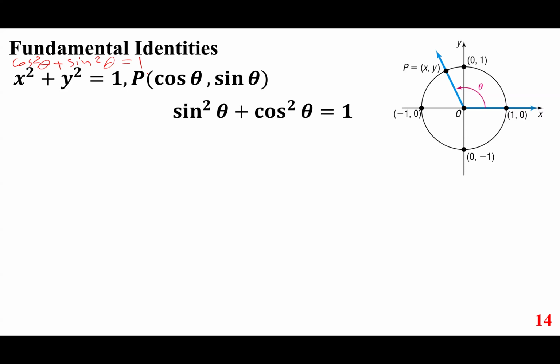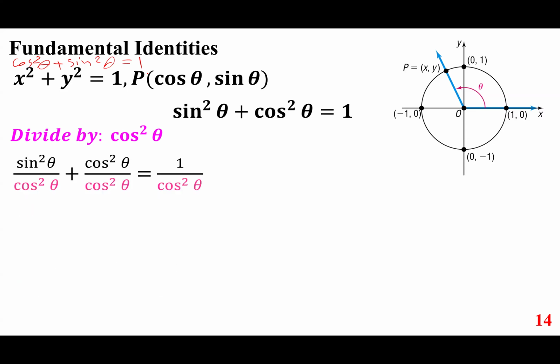So in order to get new identities, we use old identities. In this case, we're going to divide both sides by cosine squared. When we do that, obviously, this becomes 1. Sine over cosine is tangent, so tan squared. 1 over cosine is secant, so it's secant squared. Therefore, tan squared plus 1 equals secant squared.